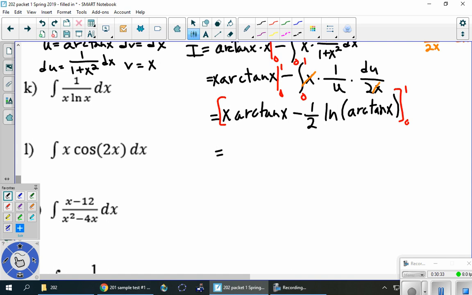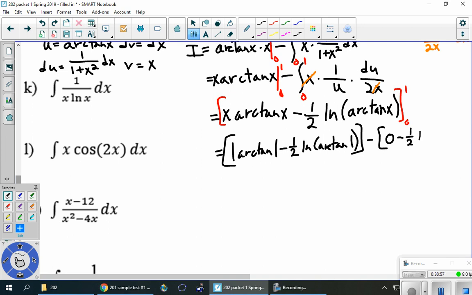Okay, so we'll plug in 1 for every x and then 0 for every x. So plugging in 1, we get 1 arctan 1 minus half ln arctan 1. Good there. And then minus, when I plug in 0 for all the x's, I get 0 arctan of 0. That's nothing.